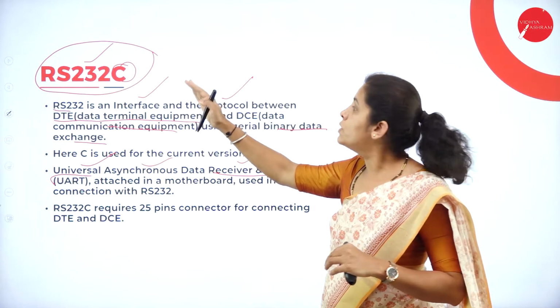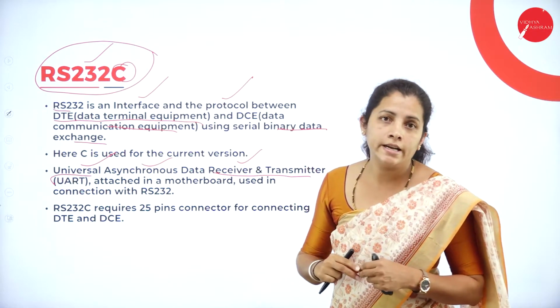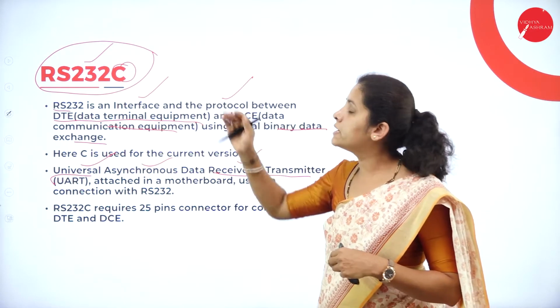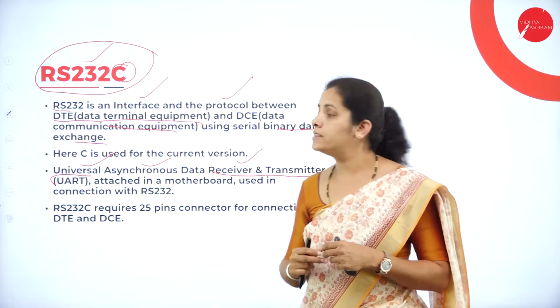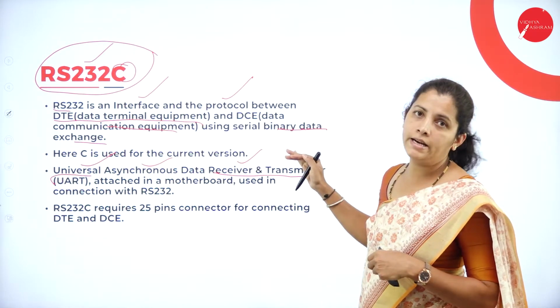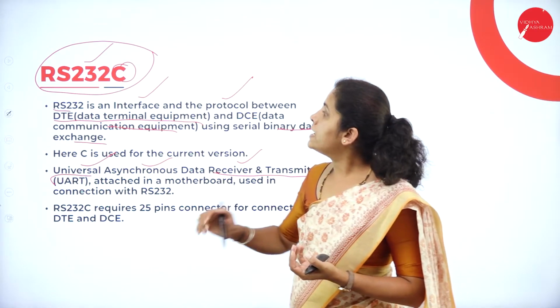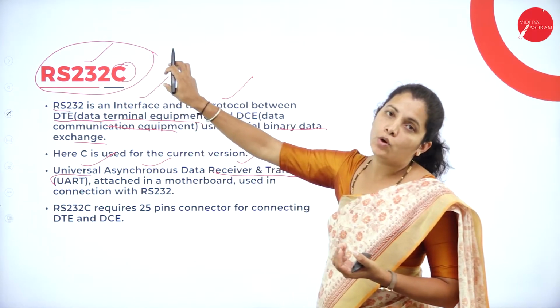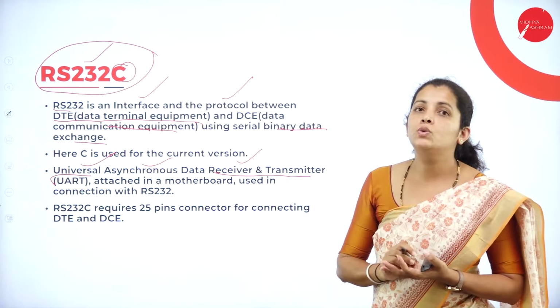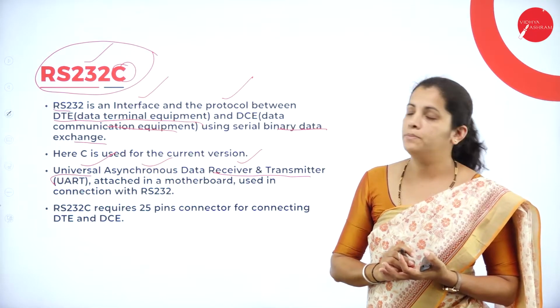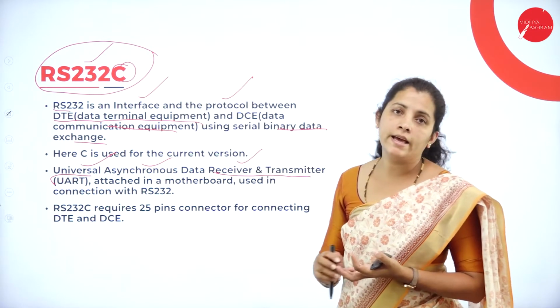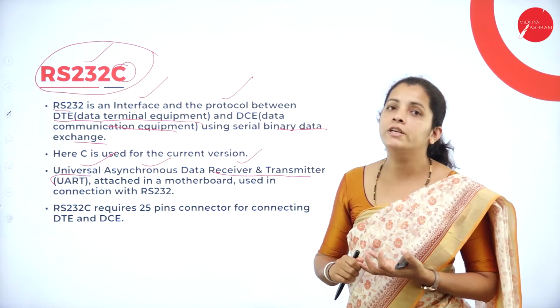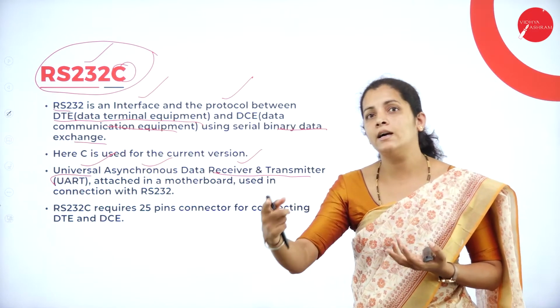It provides serial data transmission, and whatever data you transfer is in the form of binary data. The RS232 protocol allows the computer to give the print command. Here we have taken the example of how to establish the connection between printer and computer.